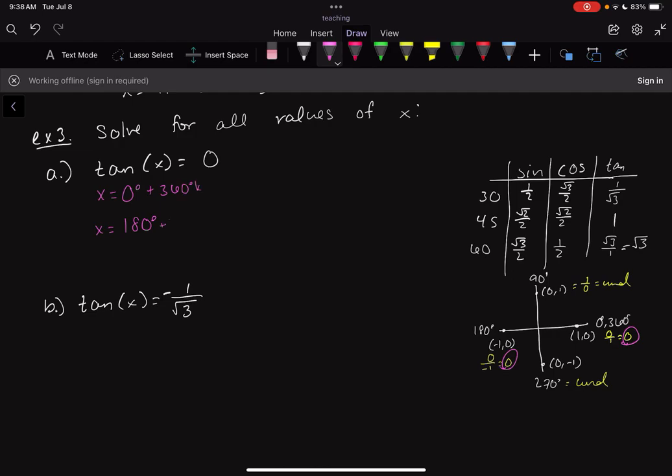So our instinct may be to say plus 360k. Tangent is a little different because tangent's period, if you think back to chapter 2, sine and cosine both have a period of 2 pi. Tangent has a period of pi, which means tangent will always just be adding 180. You actually never have to add 360 when it comes to tangent.